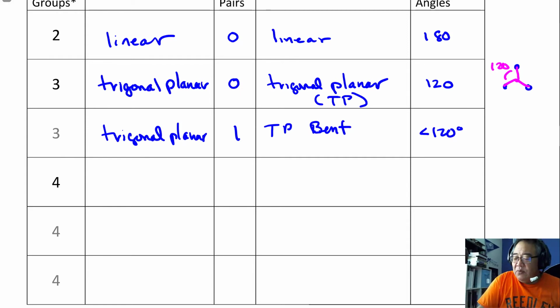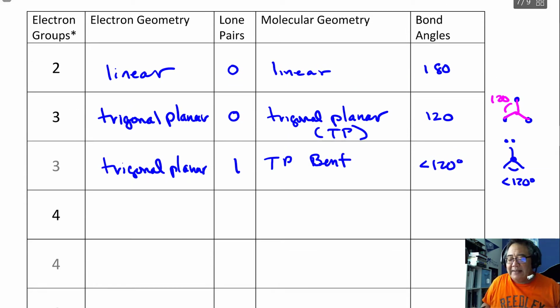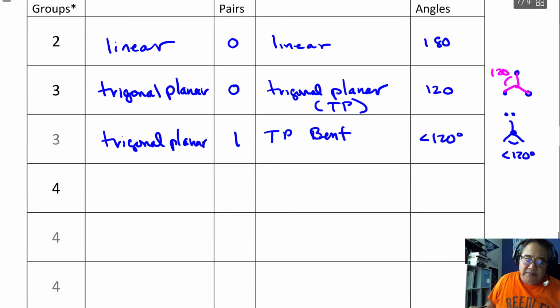So it's going to be less than 120. That's when you have a situation like this, and there's a lone pair. This will be, oh, it looks like he's frowning. All right, this angle is less than 120. Now he's smiling. Like that, okay? So when we talk about bond angles, it's the angle between the atoms and not between the lone pair and the atoms.